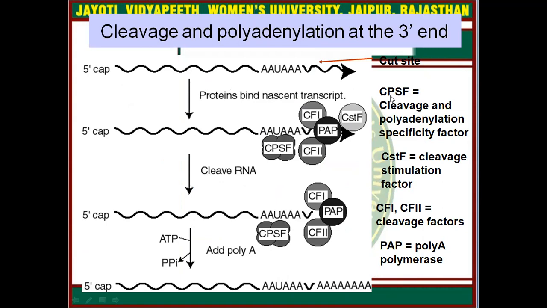CPSF is cleavage and polyadenylation specificity factor, CSTF is cleavage stimulation factor, CF1 and CF2 are cleavage factors, and PAP is poly A polymerase enzyme. So these four to five factors are required for the polyadenylation process, or adding the poly A tail at the 3' end of messenger RNA.